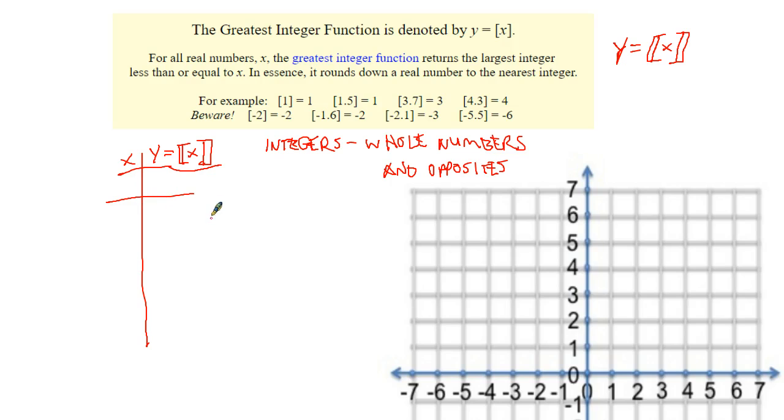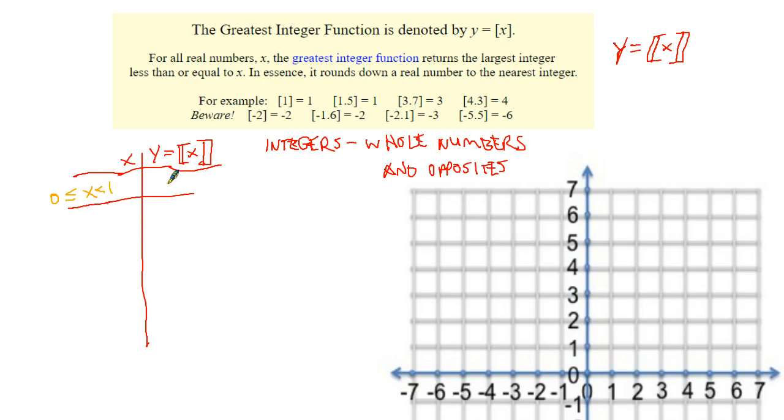So let's say we want a graph. If we want a graph, our table is a little funkier looking, because what ends up happening is that we get one y value for a range of x values. So we say, what if x is greater than or equal to 0 but less than 1?